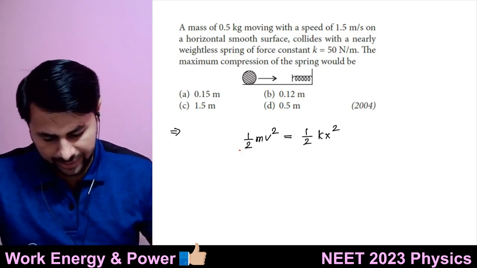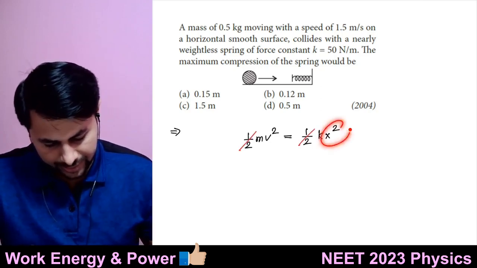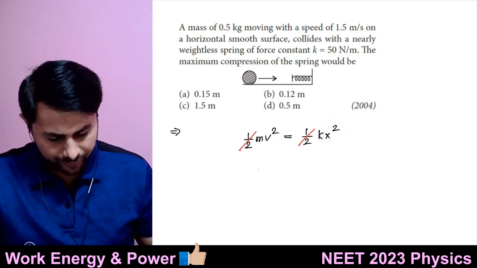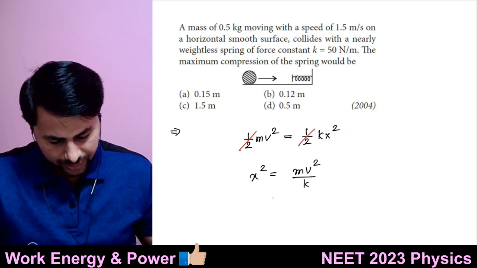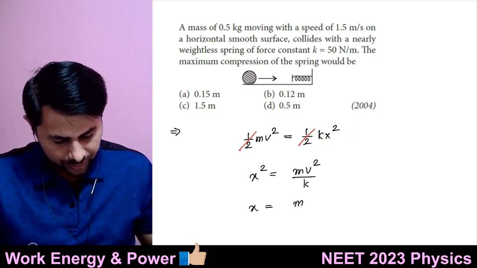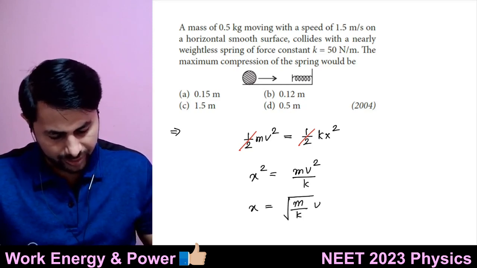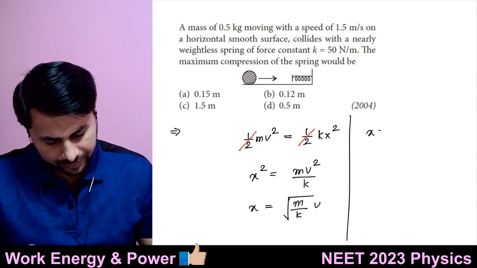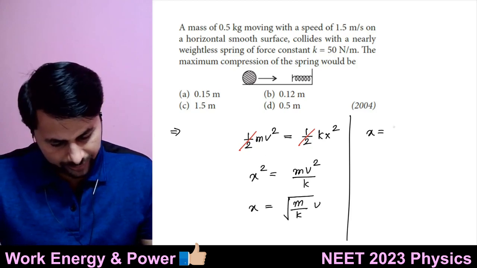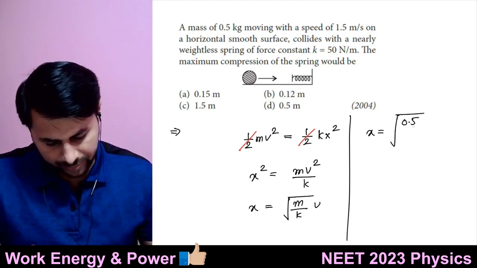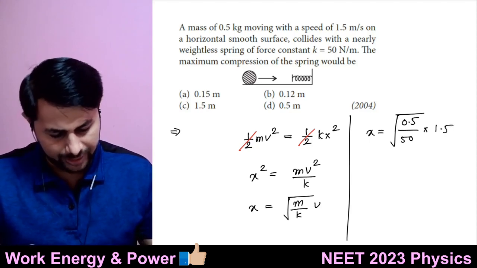So half and half get cancelled, and you want to find the maximum compression, so x is what you have to find out. x squared equals mv squared divided by k, and that means x is equal to the square root of m upon k, multiplied by v. How much is m? It is 0.5, divided by k, which is 50, multiplied by v, which is 1.5.